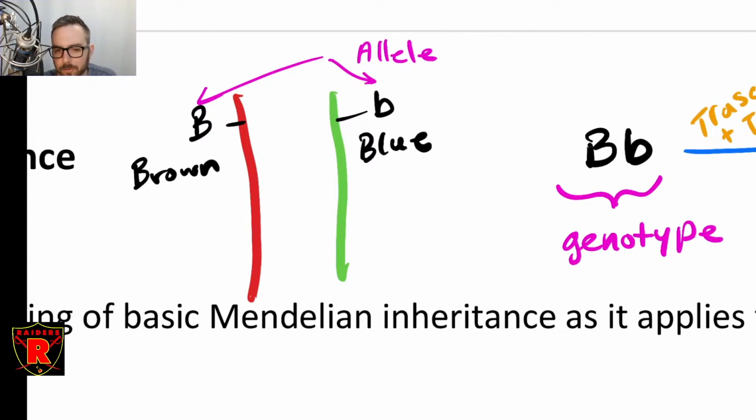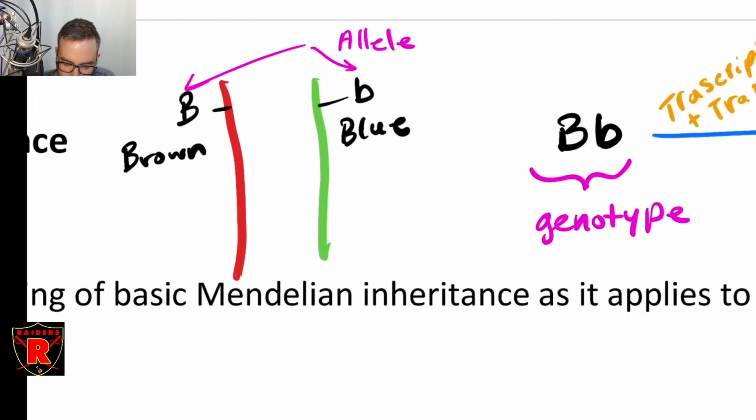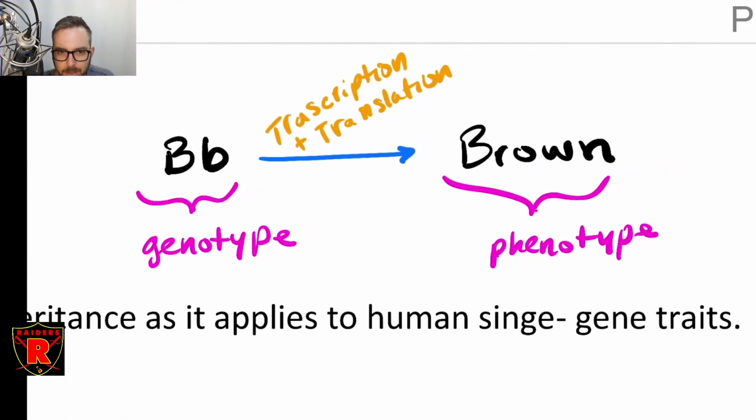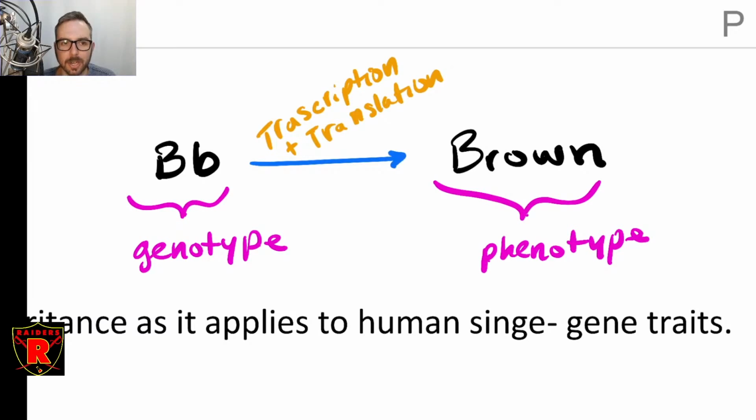Allele just means version. Now, they don't have to be different. You could have the same allele on both. You could have brown and brown or blue and blue, but you could have brown and blue. Those are called alleles, versions of the gene that we already mentioned. I'm bringing this up again because I'm going to use this terminology over and over while we do our little assessment of our own genetics together.